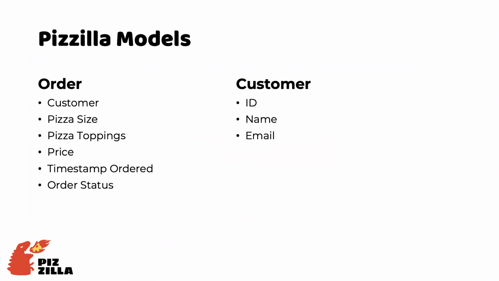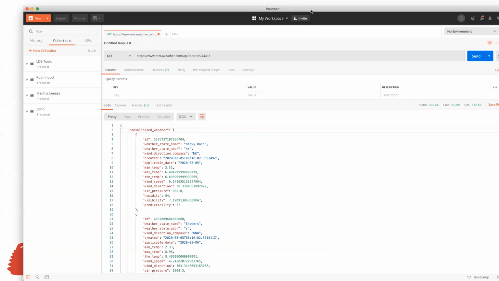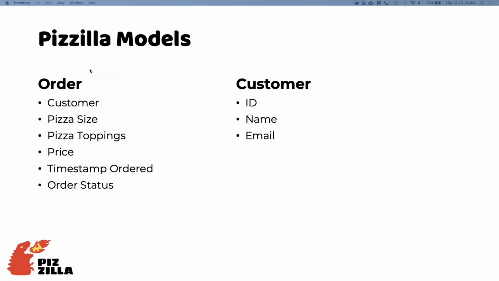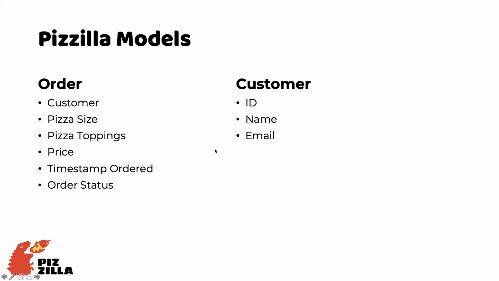So specifically talking about the app that we'll be building, Pizzilla, APIs use models like you've seen. The one we looked at over here used a location model. In the examples before, we used a user model or a customer model. In this Pizzilla app, we're going to be using primarily an order model that has attributes like which customer is ordering it, the pizza size, the pizza toppings, the price, the timestamp when it was ordered, and the status of the order.